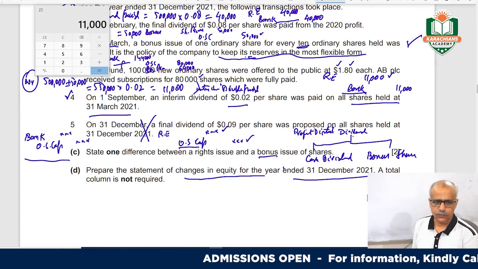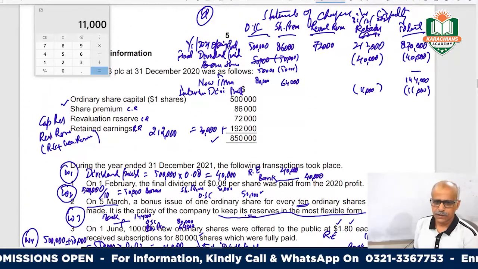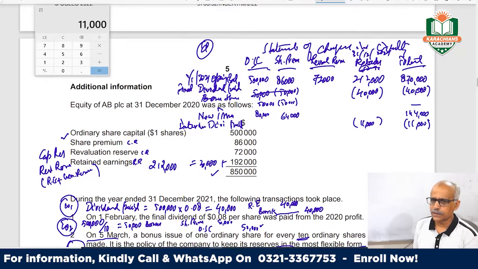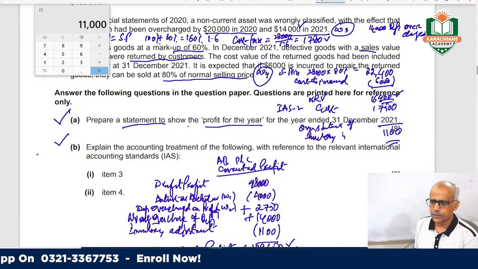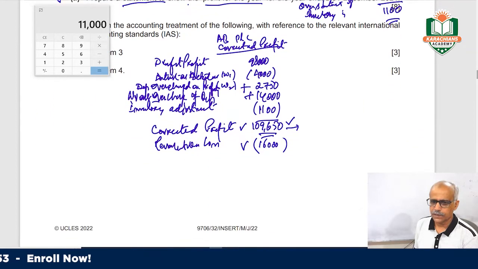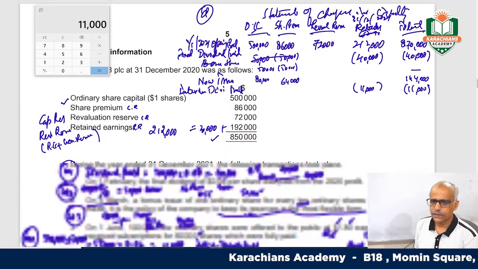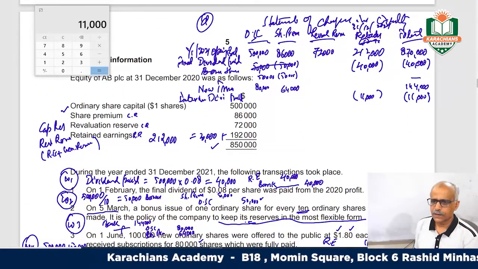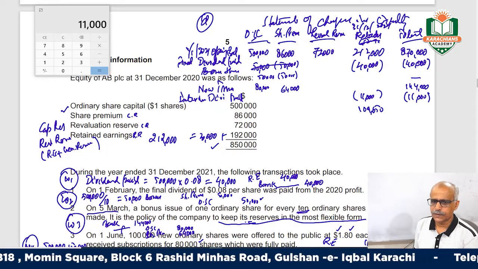So almost we have done with all, but we have to consider this, because in my last part I told you how much was the profit and revaluation loss. This you also have to consider. 109,650.